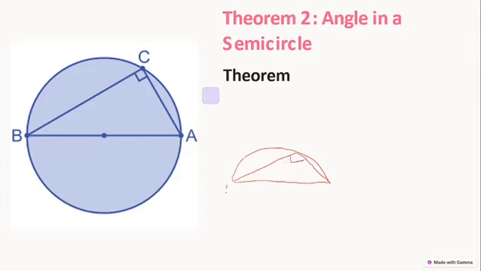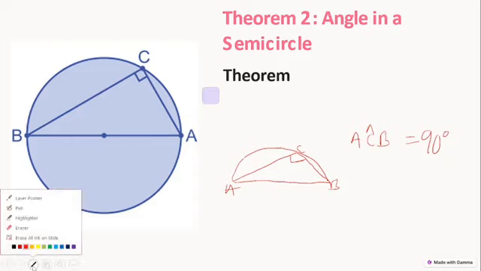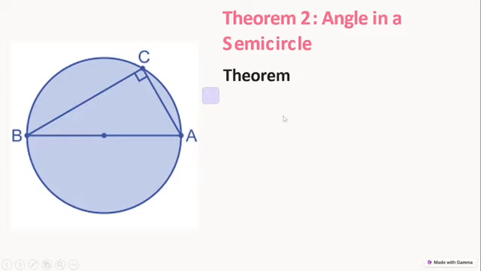Let's say we have A, B, C. When we say angle ACB, the angle right here on C will be 90 degrees. So this is the property we are looking at, and the angle in a semicircle is always 90 degrees.